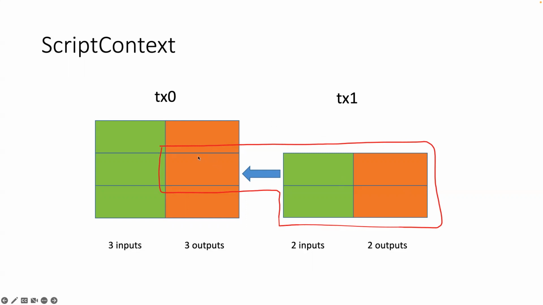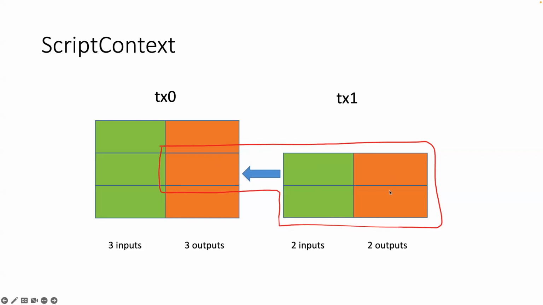When the smart contract code is in the script part of the output, and this smart contract runs, what is the context it's getting? Roughly it consists of 2 parts. The first one is transaction 1. You can know all its inputs, you can know its outputs.